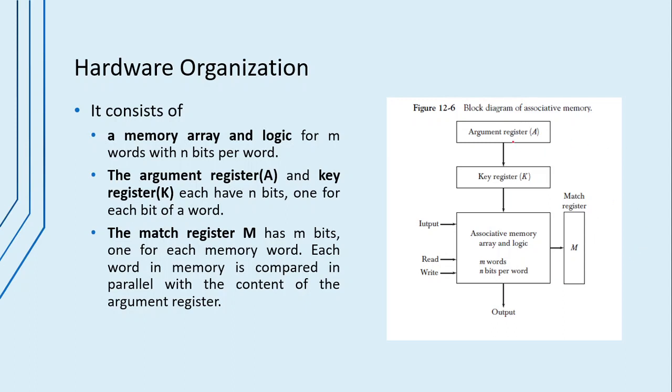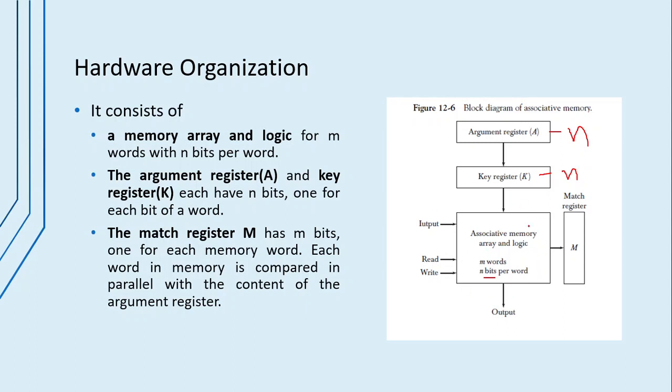The argument register is denoted by A, and the key register is denoted by K. Both A and K are made up of n bits. Then this is your memory array and logic, which is the main part in which your m words are stored. Here each of the m words is made up of n bits. So you have to remember this thing.